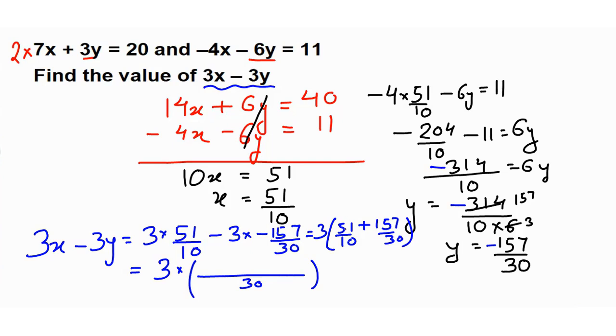So we'll get 153 by 30 plus 157 by 30. If you add these both, you'll get 310 by 30. Now this 3 and 3 will be cancelled and this 0 and 0 will be cancelled. So we are getting 31. That is the answer. The value of 3x minus 3y here is 31.